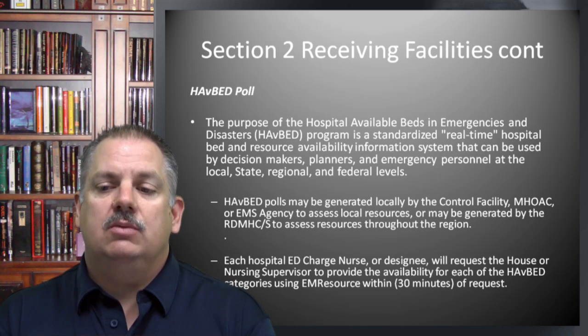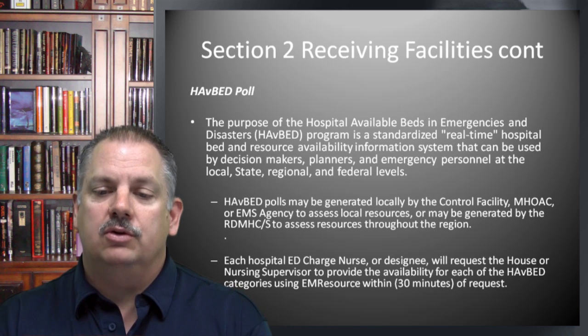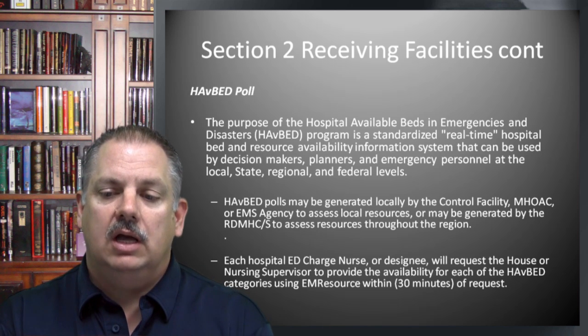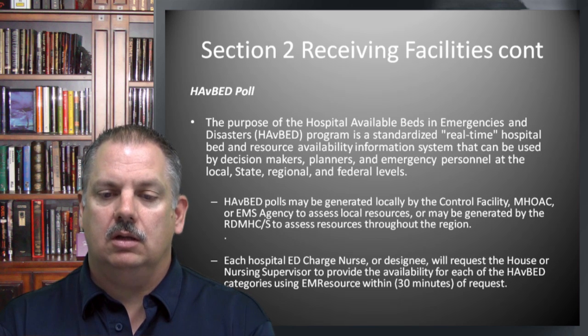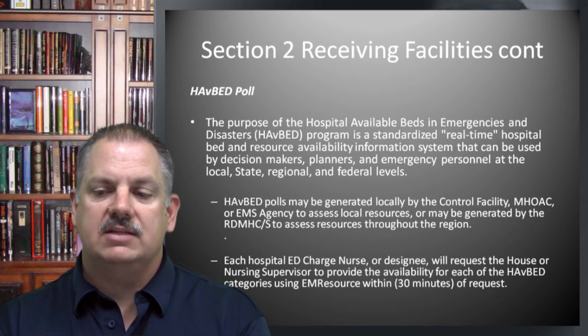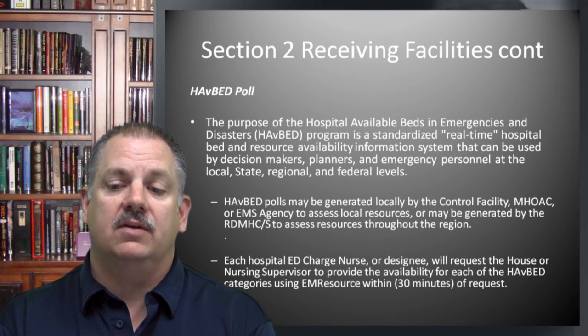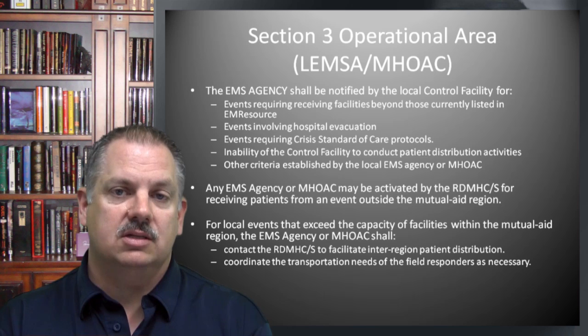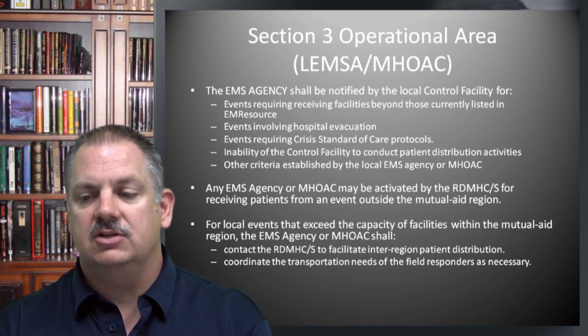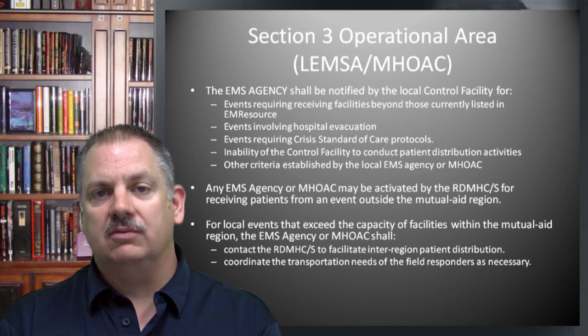The EMS agency will be notified by the local control facility for any events that require hospital evacuation, the crisis standards of care protocols, the inability of the control facility to conduct a distribution activity, or other criteria established by the EMS agency or the MOAC. And again, these are general guidelines.